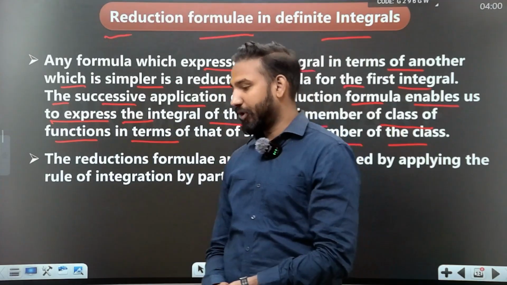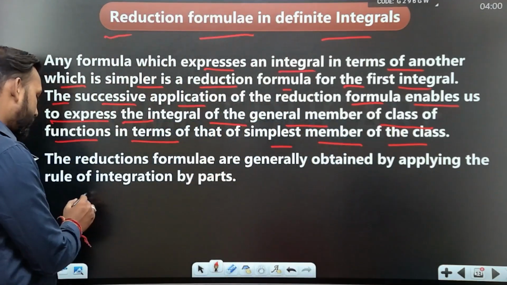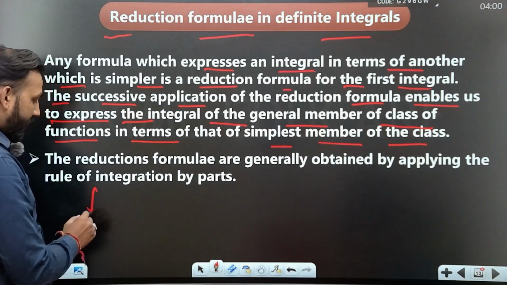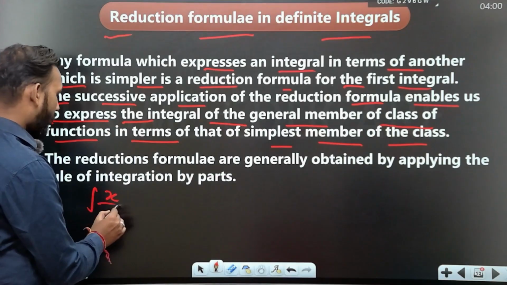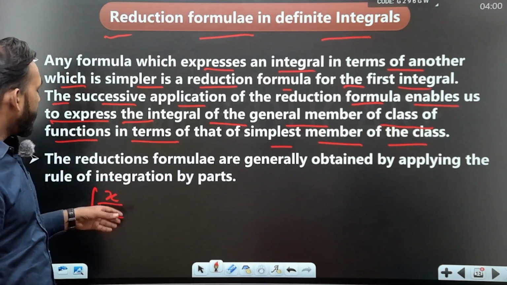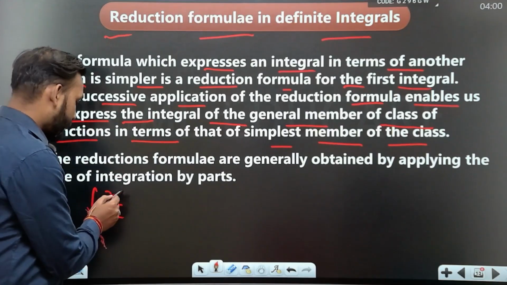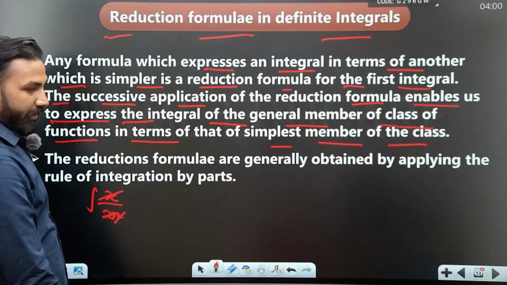If we have this type of integration, 2x over x square, we don't know if we can do this integral by the cut of this power, and we can't, right?